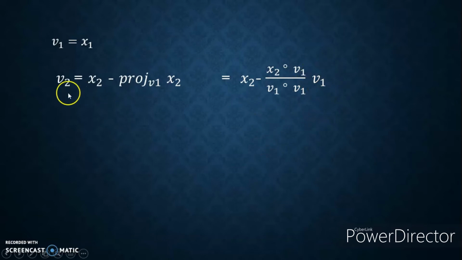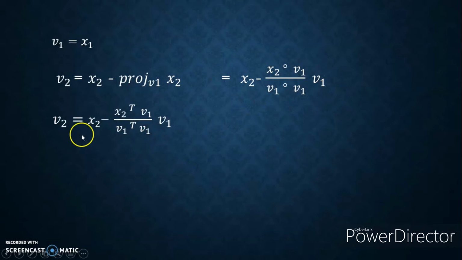I will not focus on how we get this formula because it is just the formula. However, I will not use this one. I will use the second formula so that we will have a shorter solution.